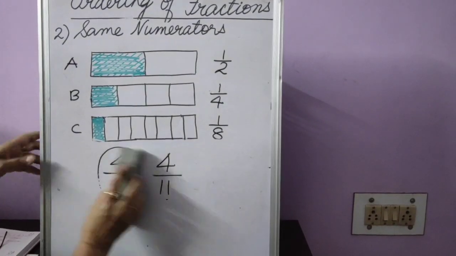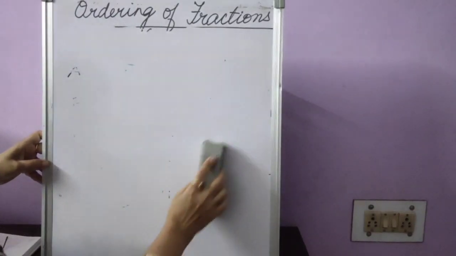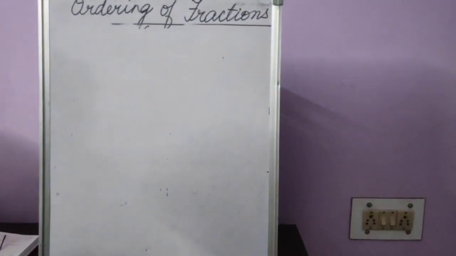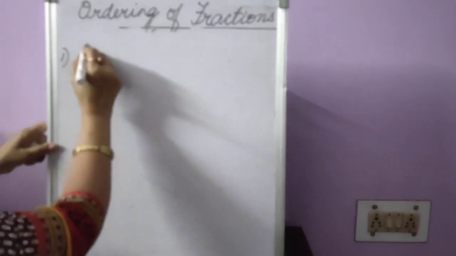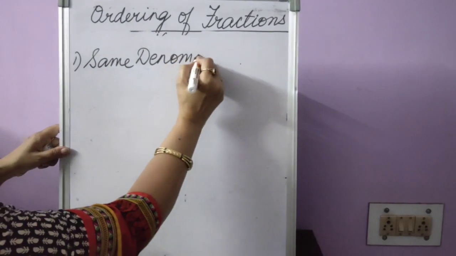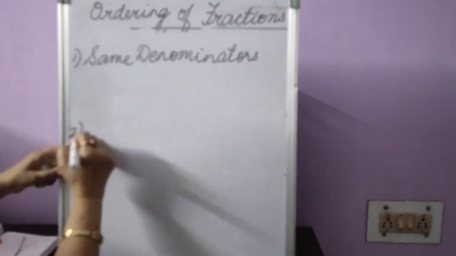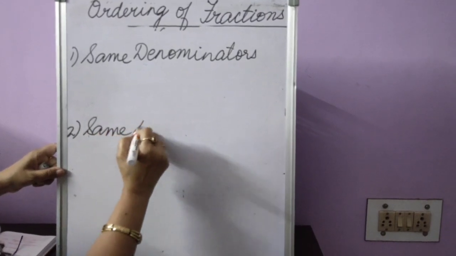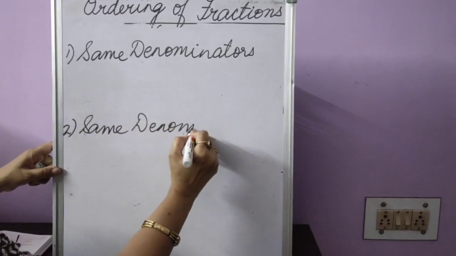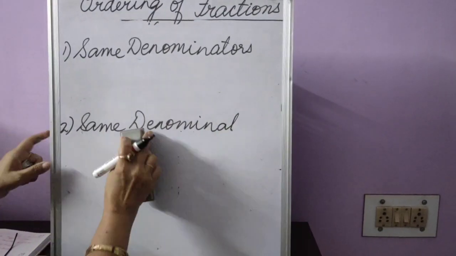So these are, children, the 2 rules that you have for ordering of fractions. And what do we have to see in them? You have to see whether the denominators are the same or the numerators are the same. First of all, you have to check only this. Same denominators or same numerators.